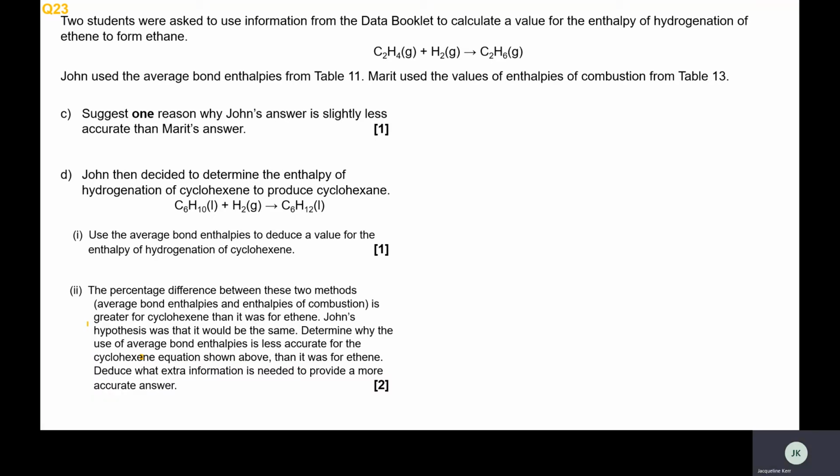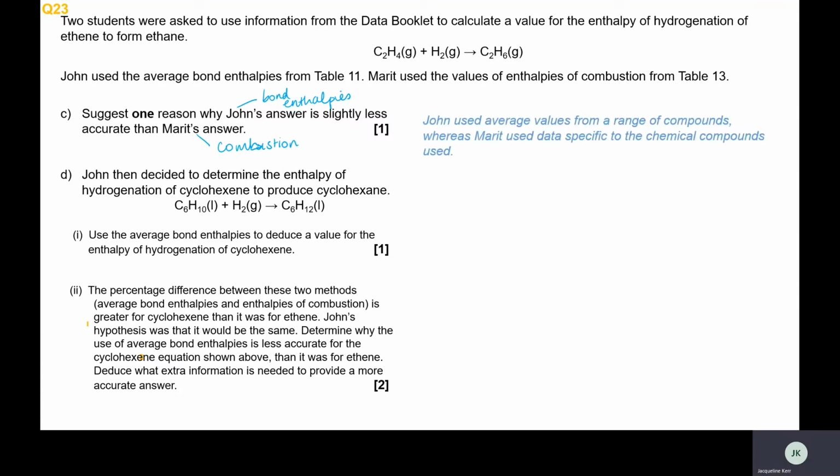All right, so the next part of the question is to suggest why John's answer might be less accurate than Marit's. So we just mentioned then that John's answer was the one using bond enthalpies, and Marit's is from combustion. And just to save you the pain of my stylus writing, I've just decided to type that one in advance.